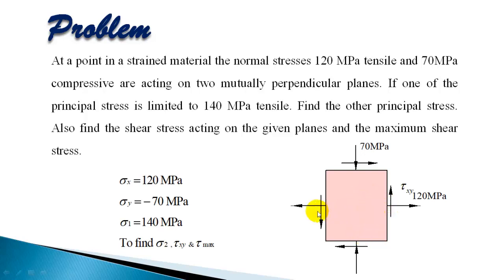So you can take whichever direction, x direction you can take 120 megapascal, y direction you can take 70 megapascal. Even in x direction you can take 70 compressive and y direction you can take 120 tensile. It doesn't matter, x and y direction, you can take whichever stress you want.